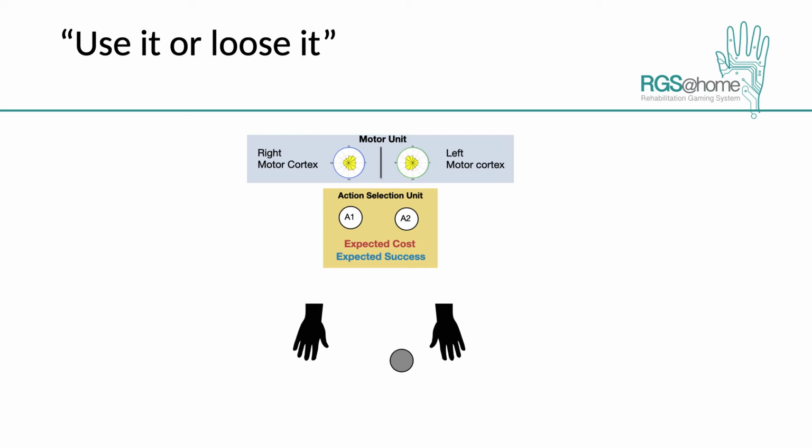So they have specific direction sensitivities. And we divide this pool of neurons into groups, one dedicated to each of the brain hemispheres.